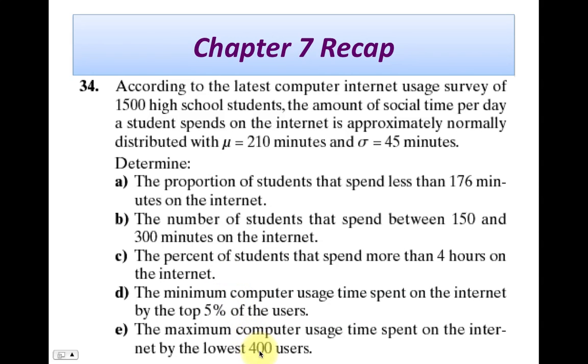Using that proportion, you recognize that that is area on the bottom end of the bell curve, the left-hand side of the bell curve. Using that area, you can find the computer usage time that corresponds to the horizontal axis that cuts off that bottom piece of area. And that's where you would get the answer for Part E. So again, D and E are invNorm. A, B, and C would be normal CDF questions.